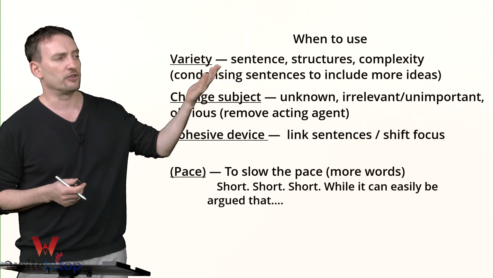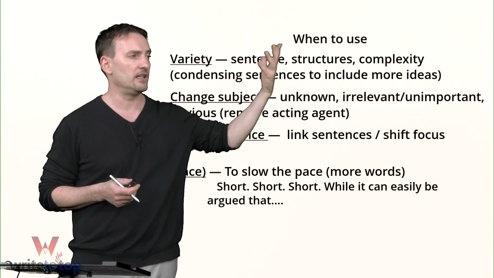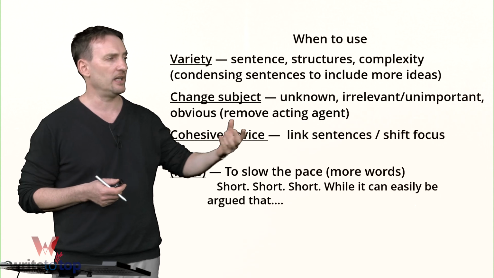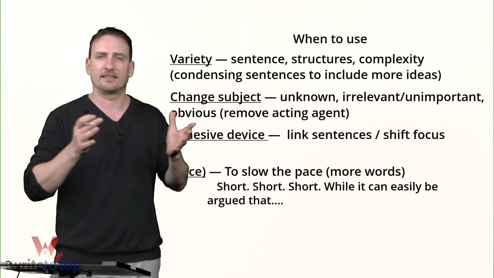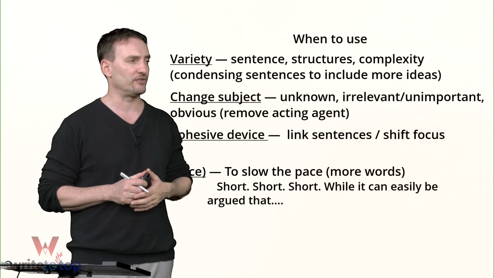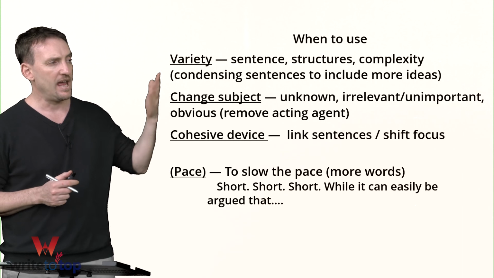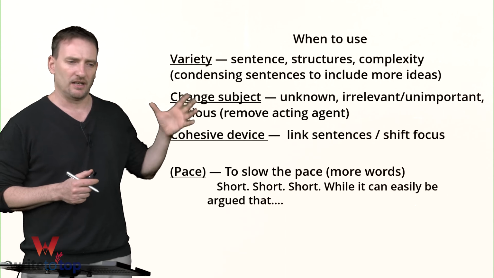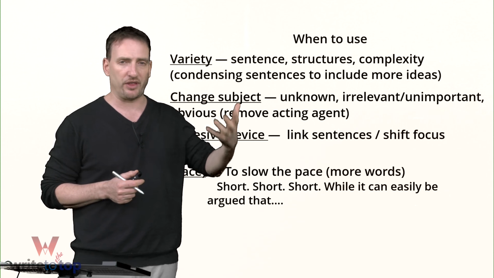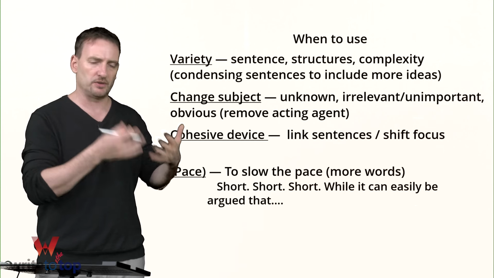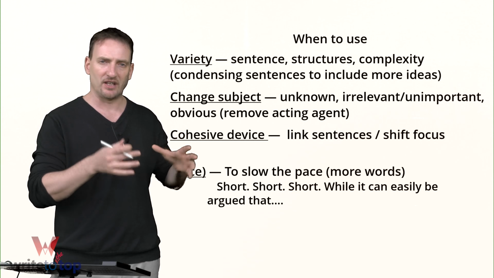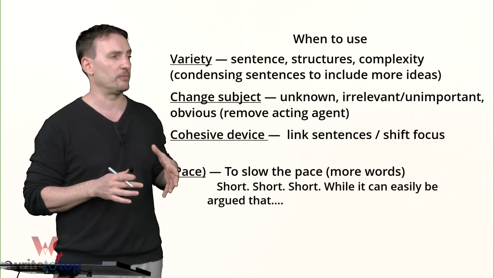So you use it for sentence variety, structure variety, add complexity to your writing, and to condense sentences, to shrink two sentences into one, and you can use the passive to do that as well. If you want to change the subject, if the person or thing doing the action is really not important, take it out. Use the passive and focus on the important information, right?